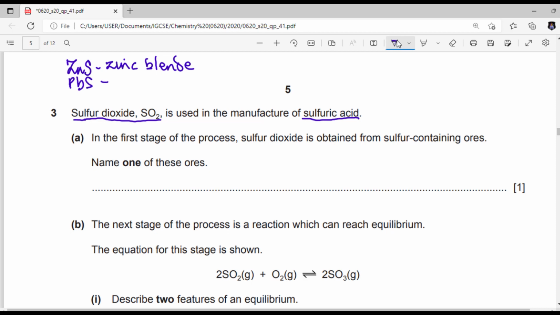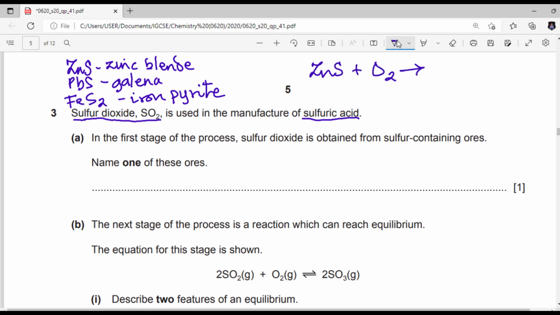Lead(II) sulfide, or even iron pyrite, which contains iron disulfide, right? By strongly heating any of these ores in air, to obtain the oxide of the metal and sulfur dioxide.